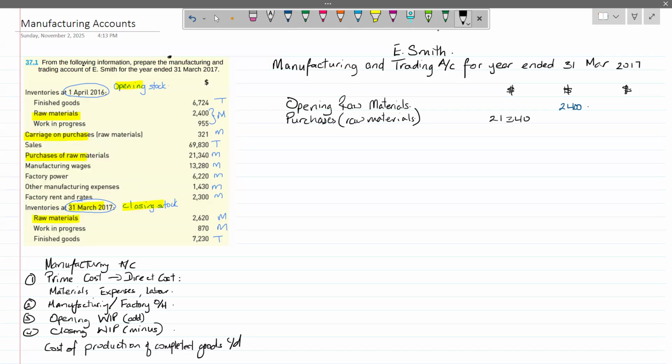$21,340 here. We have to add our carriage in, which is 321. We had no returns. If we had returns, I would work out this 16,621 and subtract the return. But we don't have any returns, so I'll move this across.